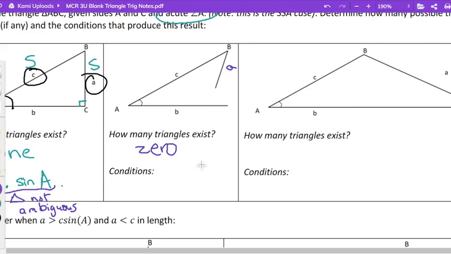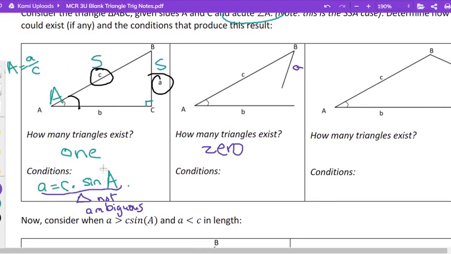So in this case, if this means that the line is just long enough to connect, what should I write here about A? Yeah, less than. What we're saying is it's just too short to connect to the triangle.